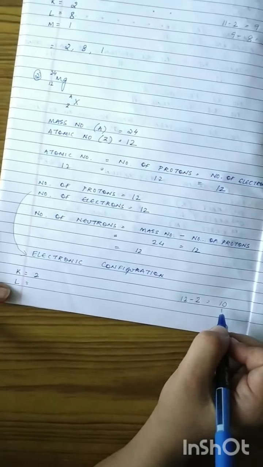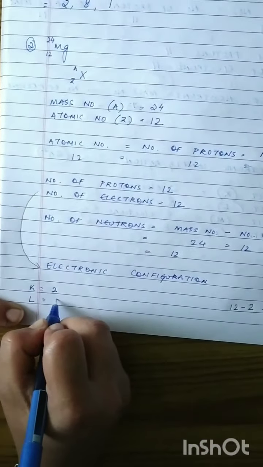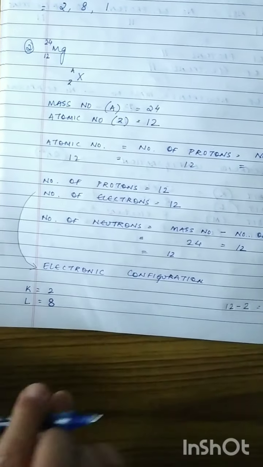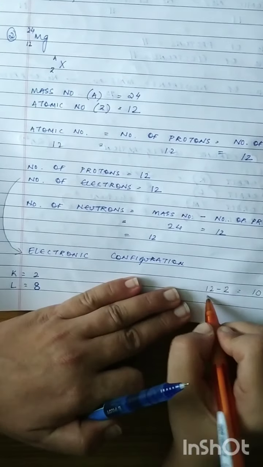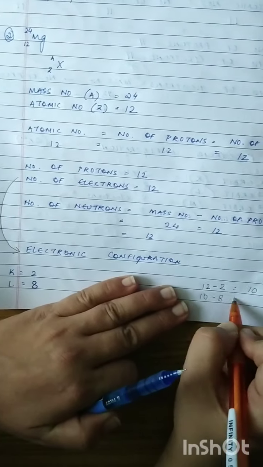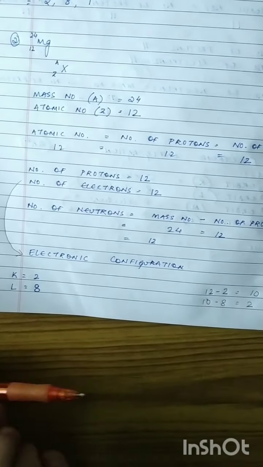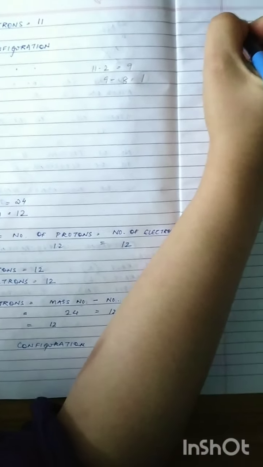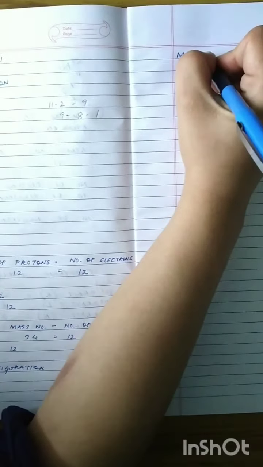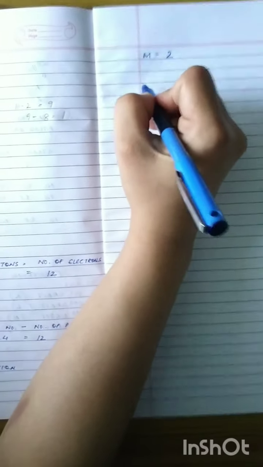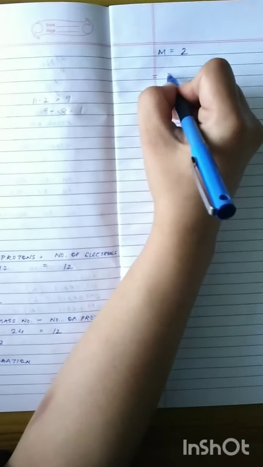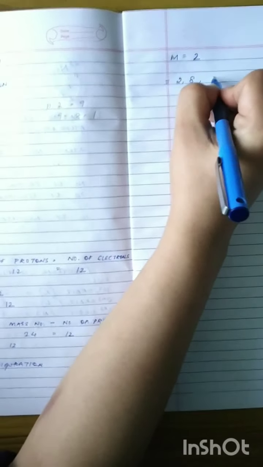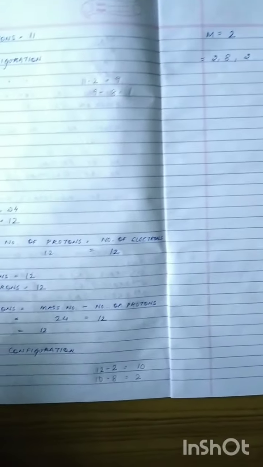So out of 10 in the second orbit, how many electrons can be there? Only 8 electrons. So 10 minus 8 equals 2. Only how many electrons left? 2. So with 2 electrons, I go to the third orbit and I place it here. So the electronic configuration becomes 2, 8, 2.